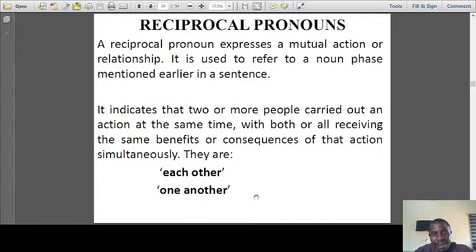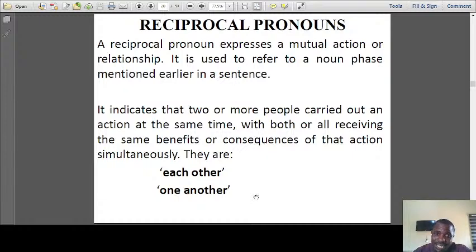Reciprocal pronouns. Here we will talk about a stage of action. There are two or more people involved, and each of them exchanges an action simultaneously with the other.